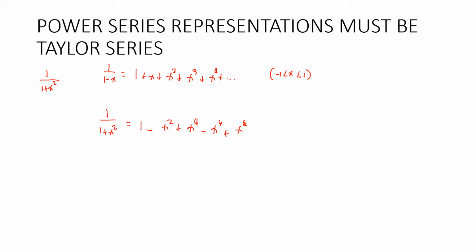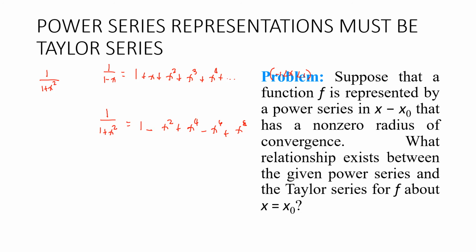The second question is more difficult to answer and leads us to this problem. Suppose that the function f is represented by a power series in x minus x sub 0 that has a non-zero radius of convergence. What relationship exists between the given power series and the Taylor series for f about x equals x sub 0?